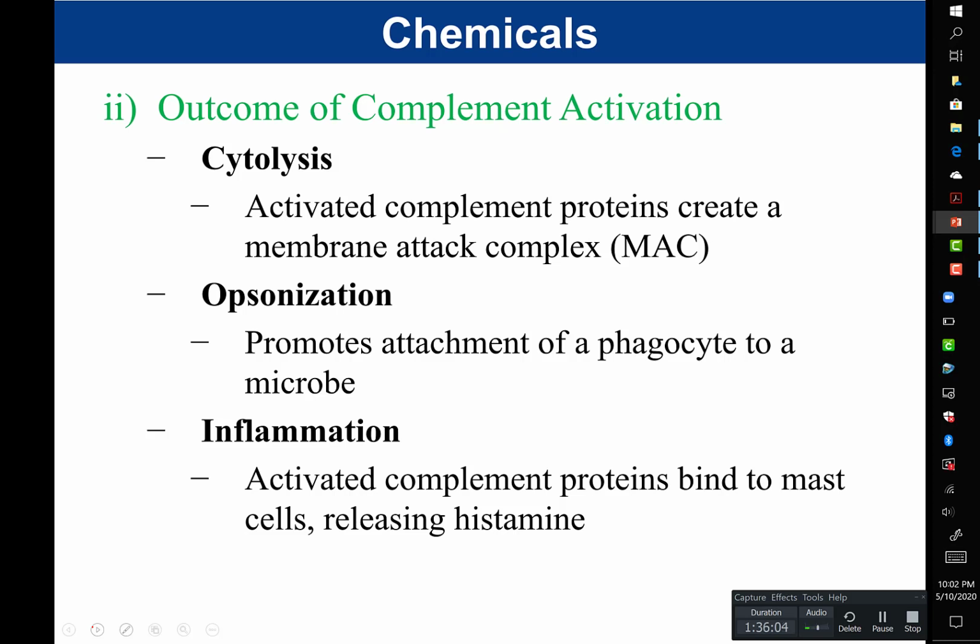The activated complement proteins bind to mast cells, mast cells release histamine, and histamine stimulates the inflammatory response. So complement plays a role in several aspects of innate immunity. It is still non-specific. It's not targeting a particular pathogen, but non-specifically targeting foreign invaders through a variety of different avenues.